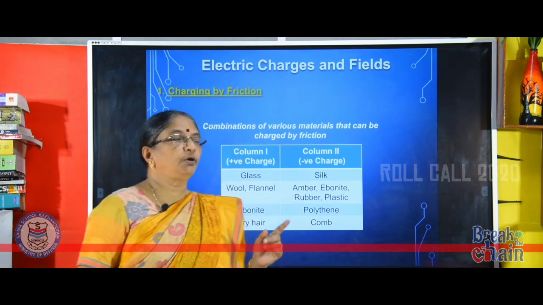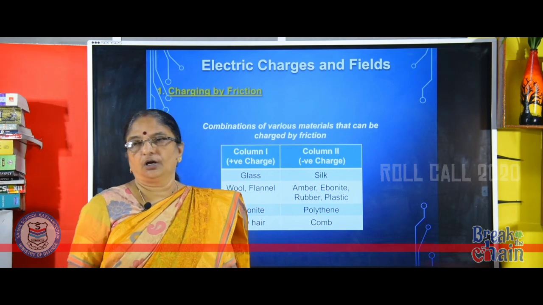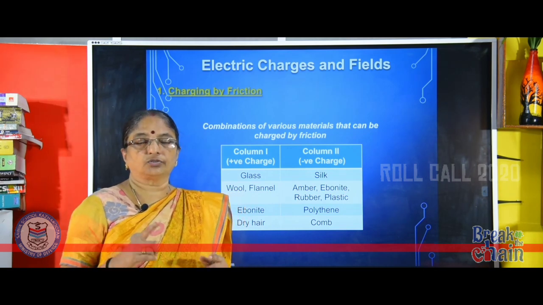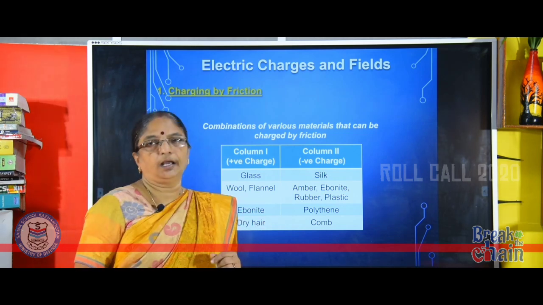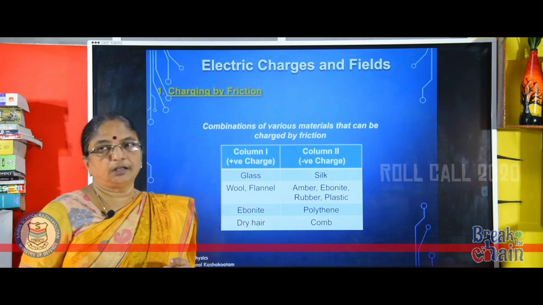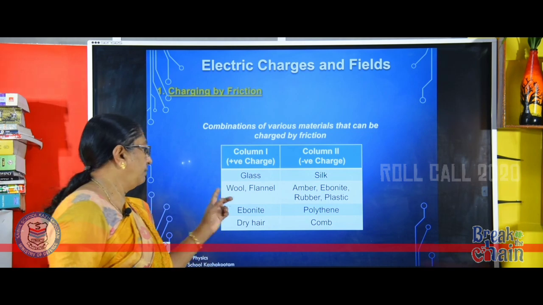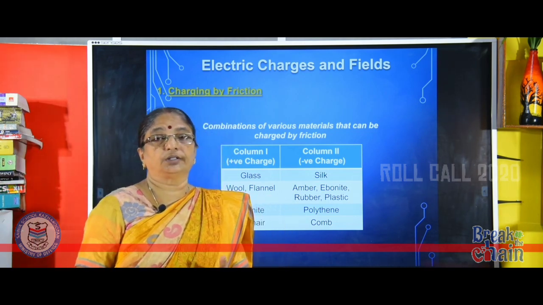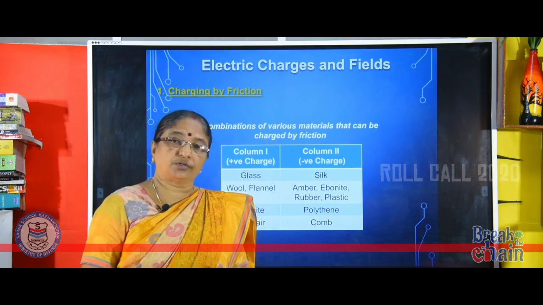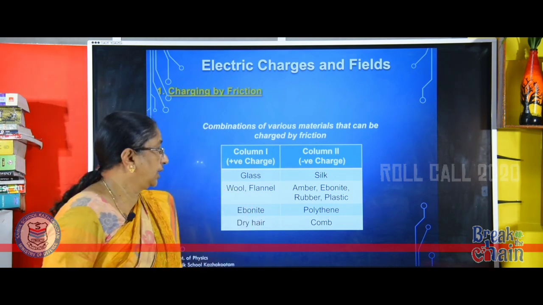And when you see the table, you can see that ebonite is in the first column and also in the right column. That means when ebonite is rubbed with flannel, ebonite becomes negative and flannel becomes positive, but when ebonite and polythene are rubbed together, ebonite becomes positive and polythene becomes negative.